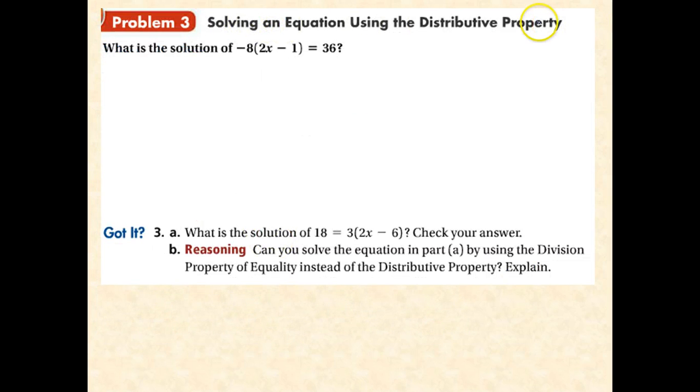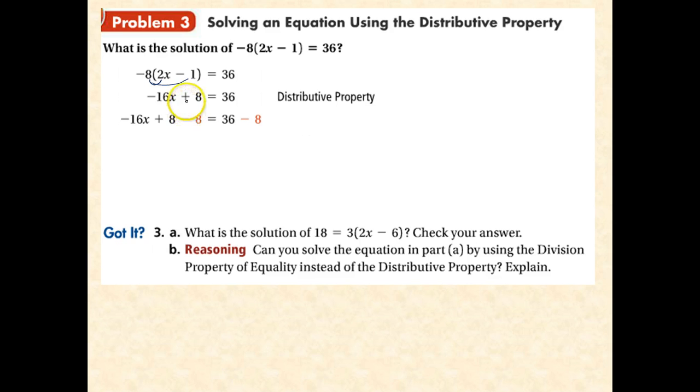Alright, solving an equation using the distributive property. What is the solution of negative 8 times the quantity 2x minus 1 equals 36? Well, let's use the distributive property, like it says to, right? Negative 8 times 2x is negative 16x. Negative 8 times negative 1 is positive 8. And then we're going to subtract 8 from both sides.